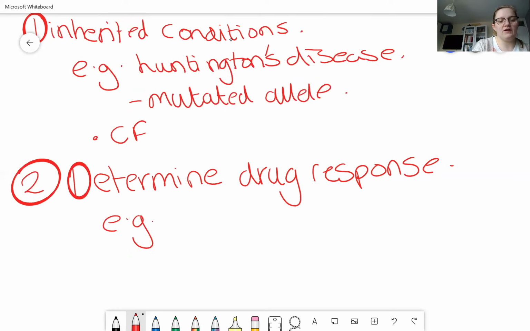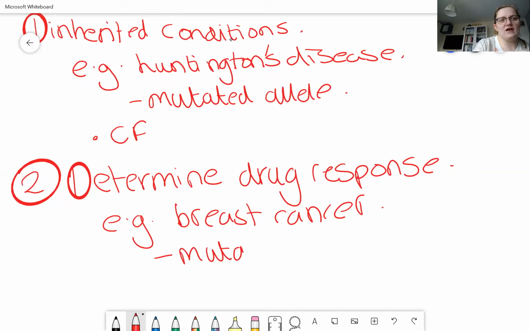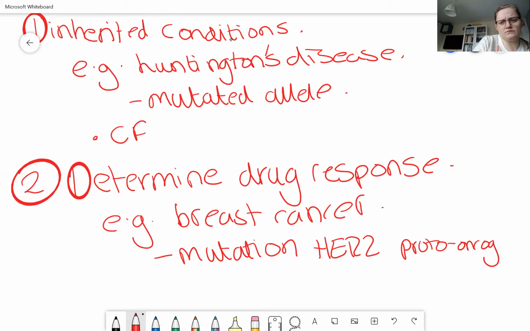For example, breast cancer, as we know, can be caused by a mutation in the HER2 proto-oncogene. And this can be treated with a drug called Herceptin.